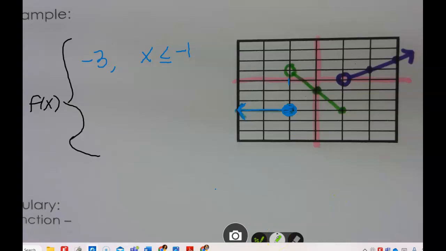Then we have the green. The green begins at -1 and ends at +1. So my domain for green is -1 to 1. And then what you want to do is look at those open or closed circles. The first is open, so it's less than but not equal to.